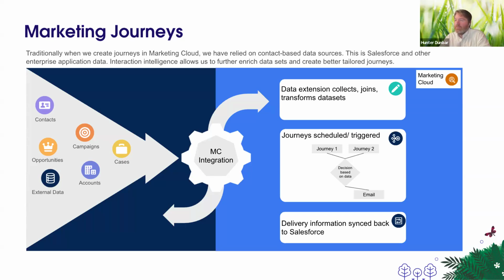And so there's a couple different ways that we can integrate AI into this workflow. There are a bunch of different things that we can do on the right here within the Marketing Cloud stack.